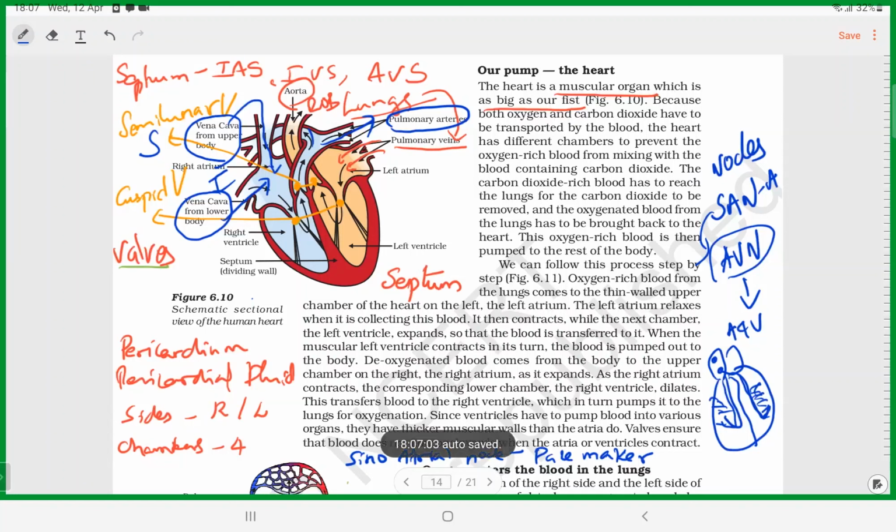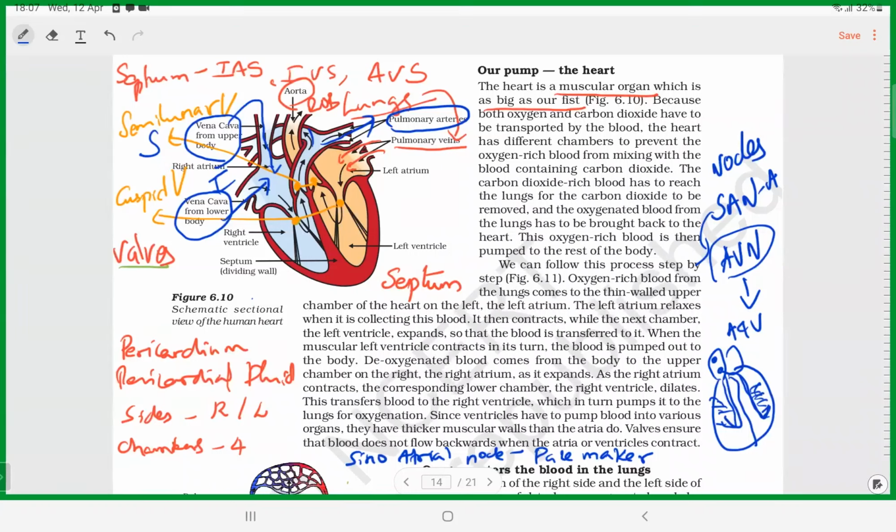You should know the pericardium, pericardial fluid, septum and its types: atrioventricular septum, interventricular septum, interatrial septum, right atrium, left atrium, or right auricle and left auricle, right ventricle, left ventricle, cuspid valves, semilunar valves, inferior vena cava, superior vena cava, pulmonary artery, pulmonary vein, aorta, lungs, and the rest of the body.